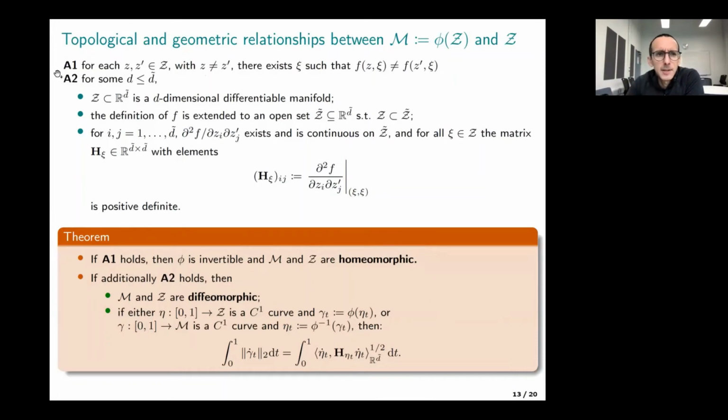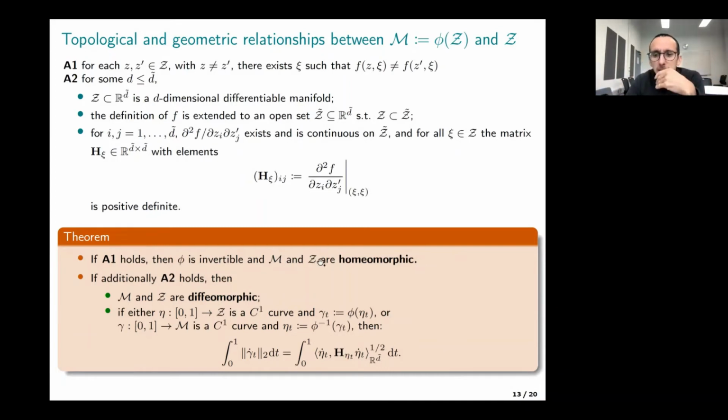And it turns out that if you assume that this is true, then this phi, this feature map, can be shown to be invertible, and moreover, M and Z can be shown to be homeomorphic to each other. Okay, so you think back to those pictures before, the teacups and the donuts and what have you. Those were examples of homeomorphisms, and we find such a relationship here, right?